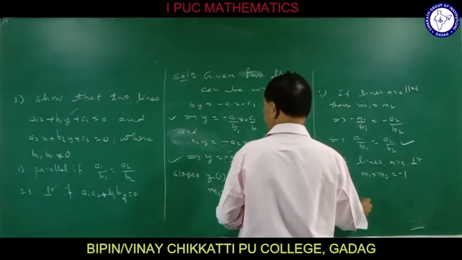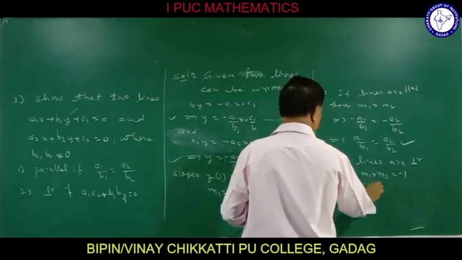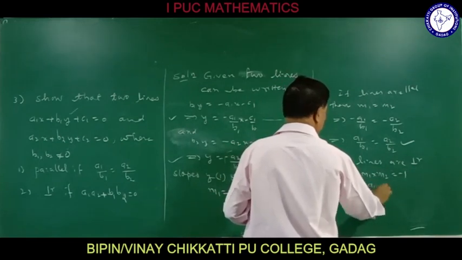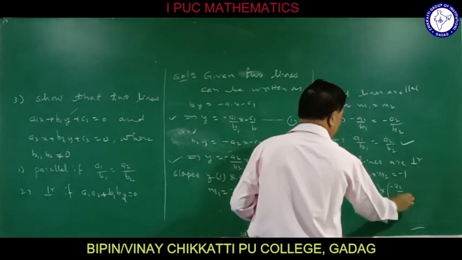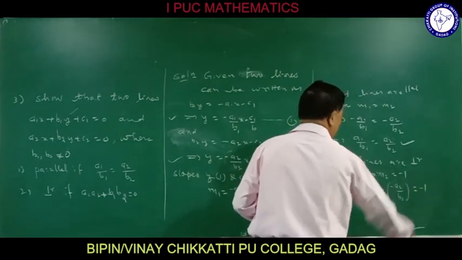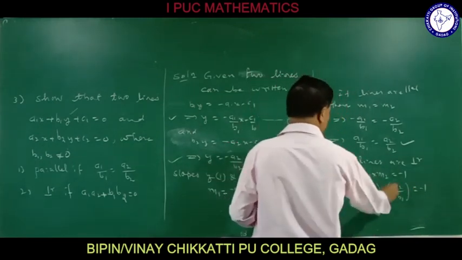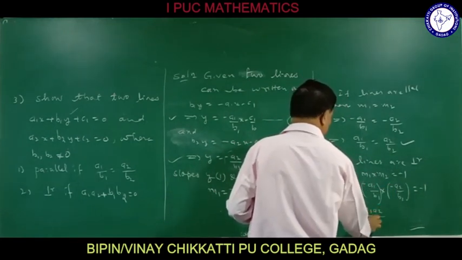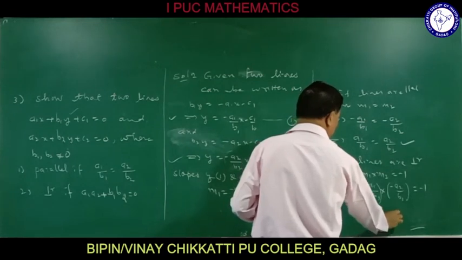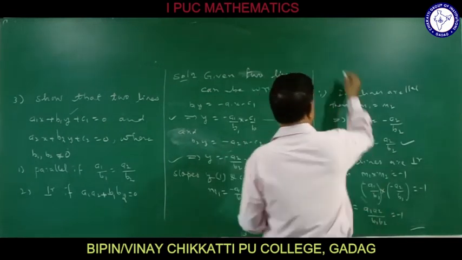And you see that what is m1? Minus a1 by b1, this is m1, minus a2 by b2, this is equal to minus 1. Minus minus plus, you can see that a1 a2 divided by b1 b2 is equal to minus 1. So what happens there?